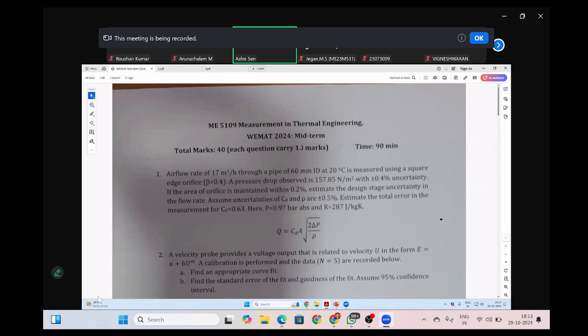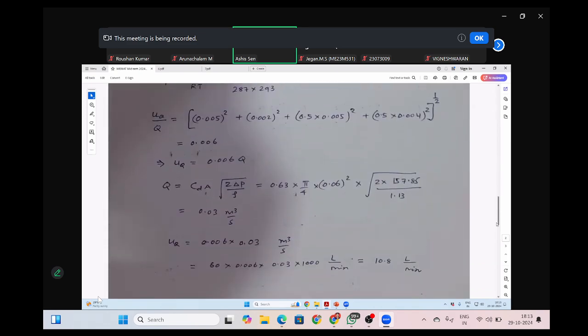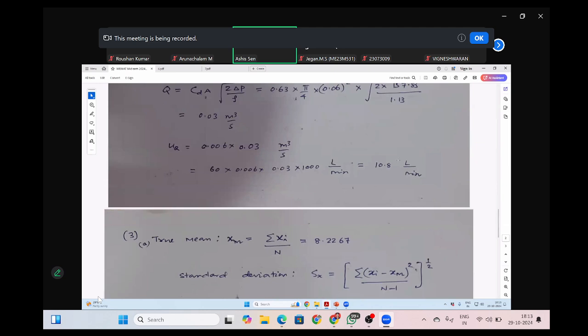Sorry, 10.8 liter per minute will be the uncertainty.